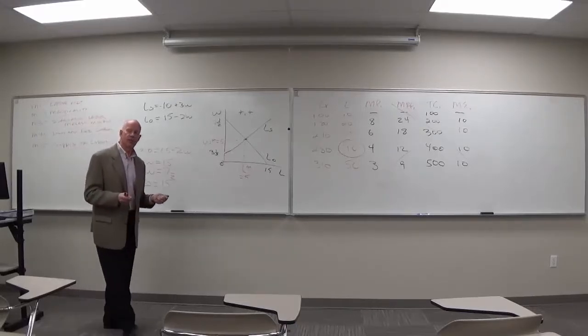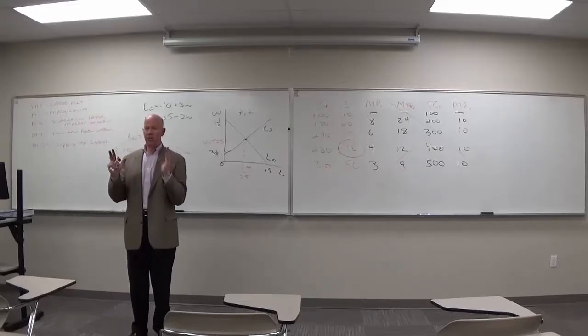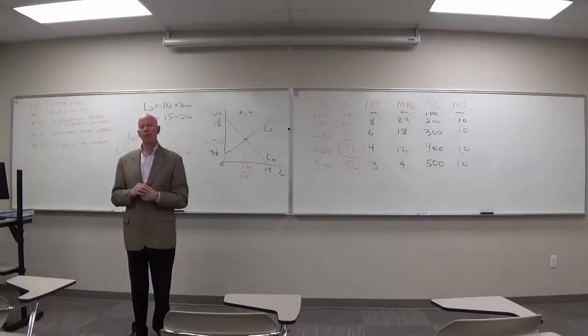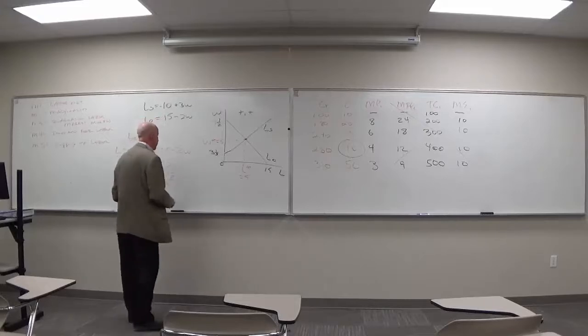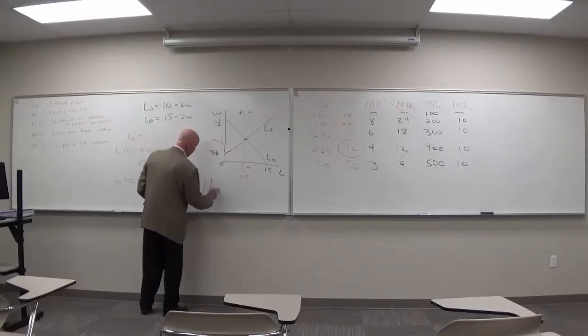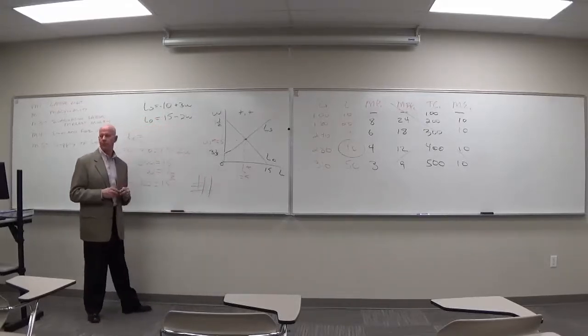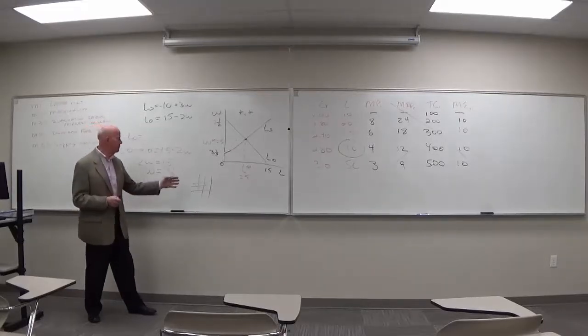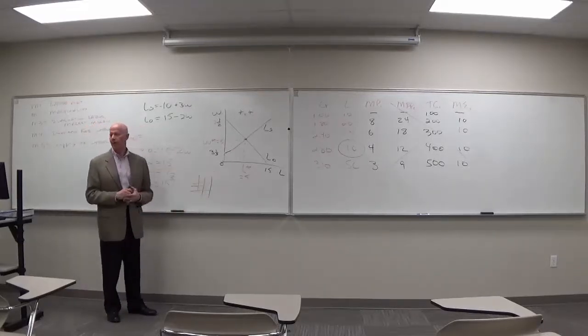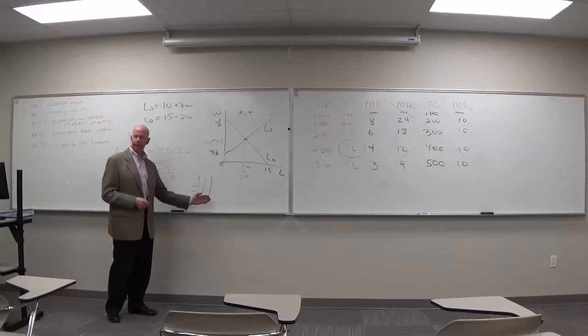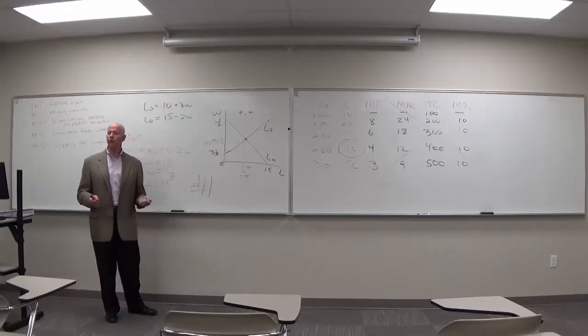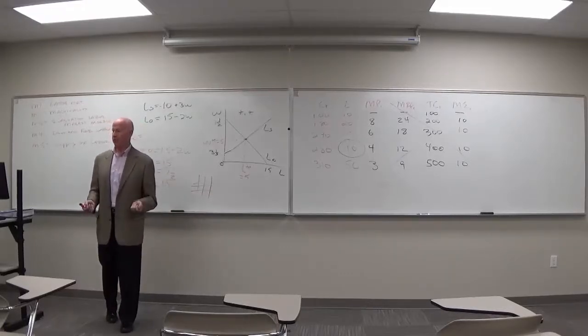You're going to find that on the exam, when I need you to give me a graphic model, I actually have some little grid marks that are kind of light on the page. And so you know the area to put the graphic in. Don't forget to draw the axes.